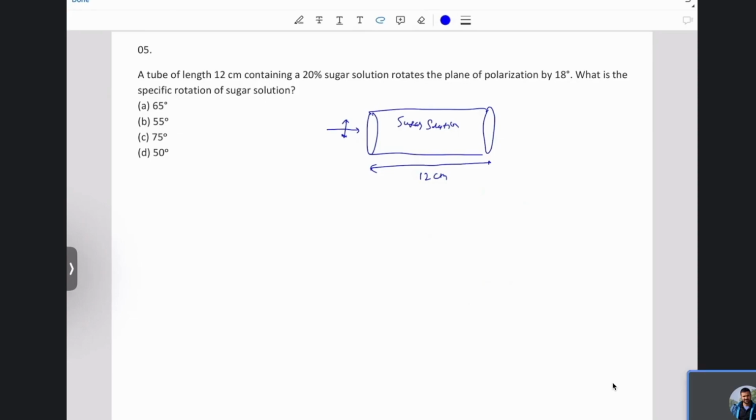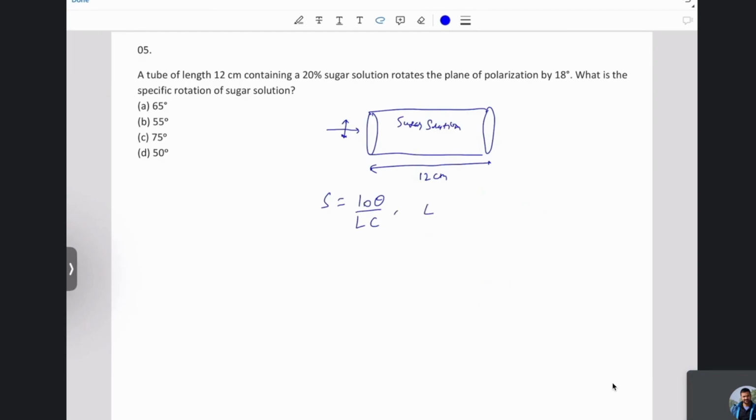Yeah, the formula I know, but what I mean, how does this sugar solution rotate the plane of polarization? What is there in the sugar solution? Do you know what material is there? What kind of chemical is there? You're right. The specific rotation is theta by LC, right?